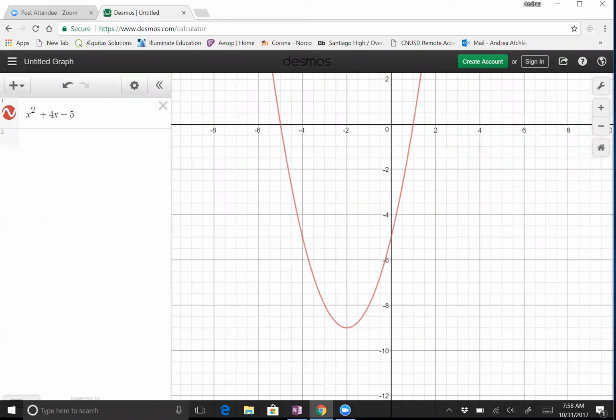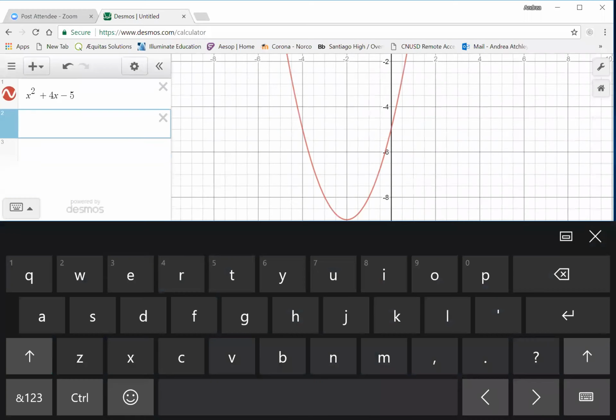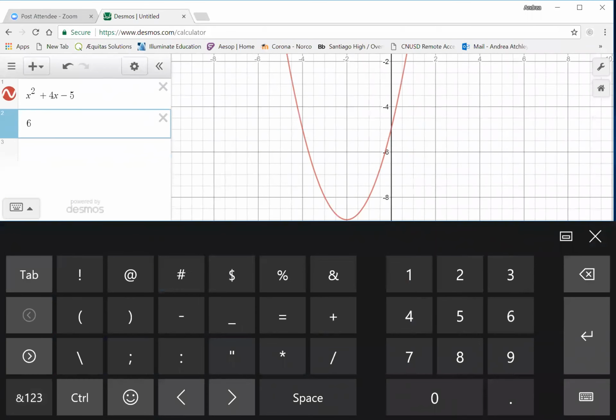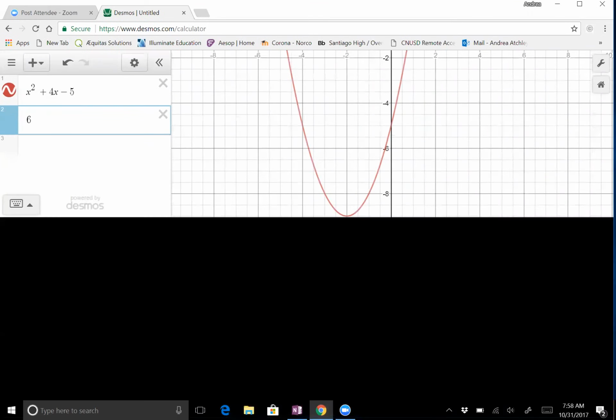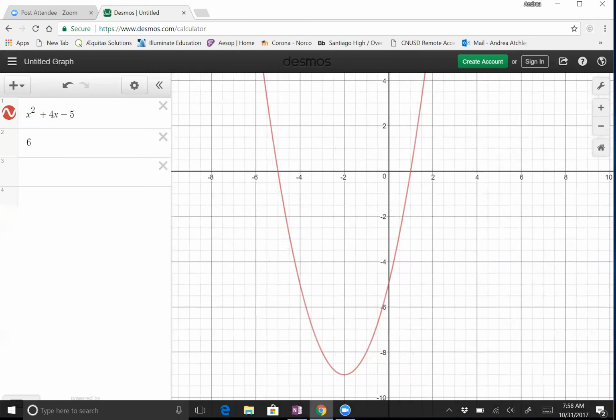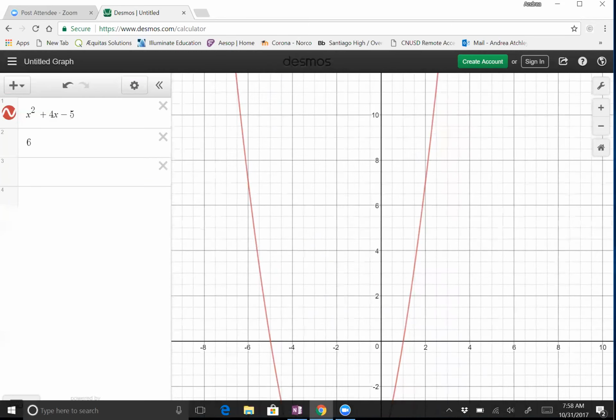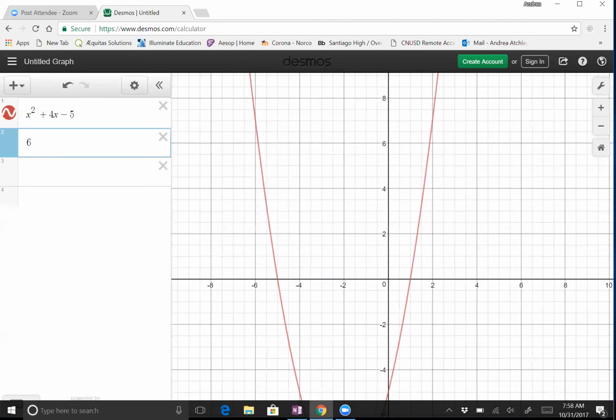Okay, so that's my graph. And then we're going to graph the other side. We want to know where y is going to equal 6. Maybe I have to put y equals here.